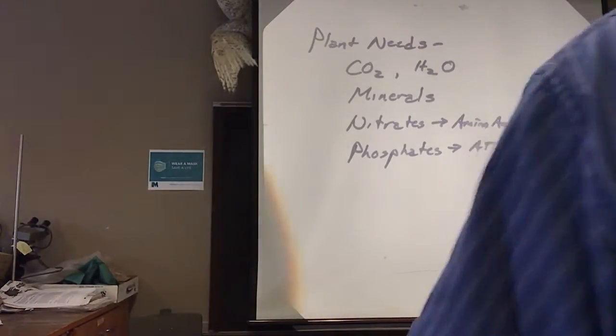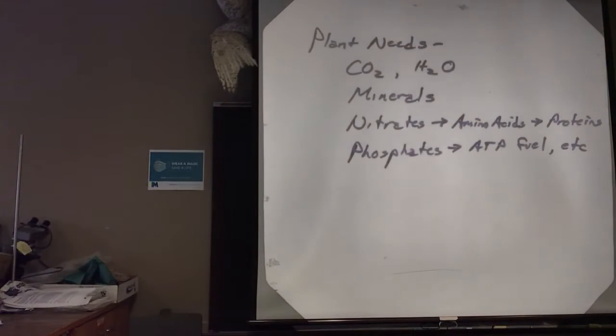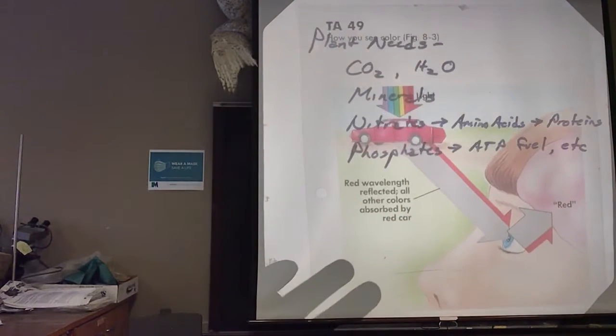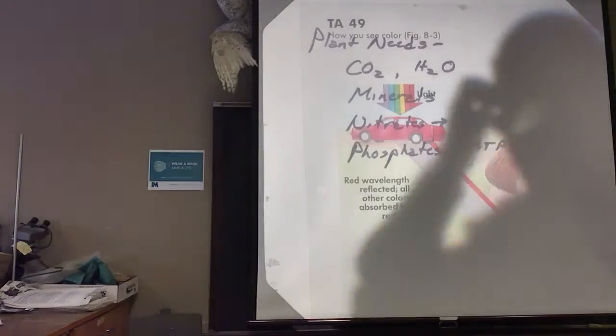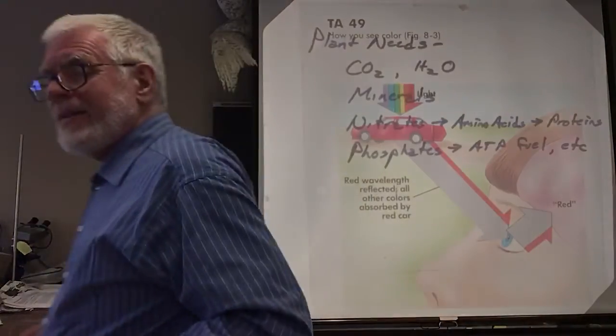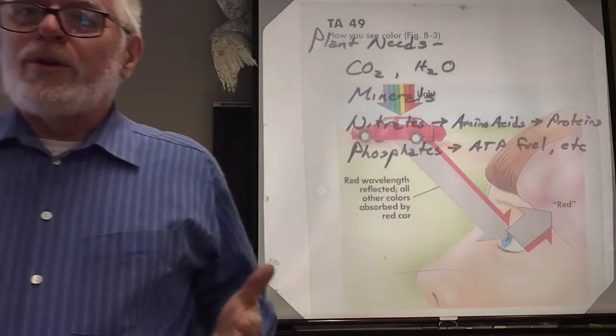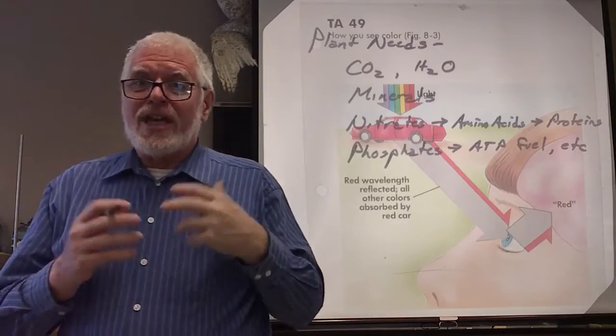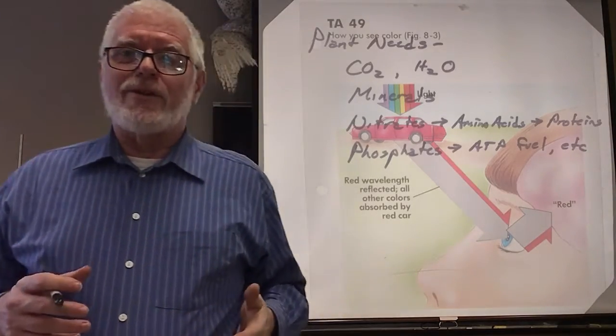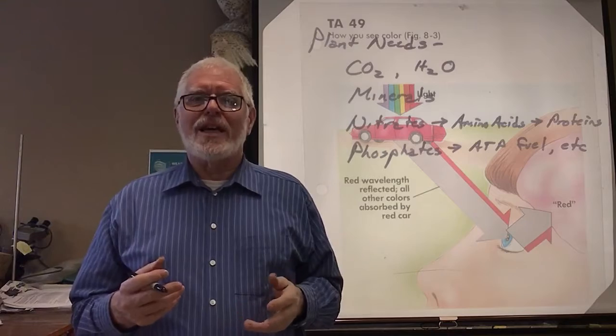Okay, now, what else have we got? Light, big deal, right? The first producers actually used heat as an energy source to put stuff together, because that was a simpler process.